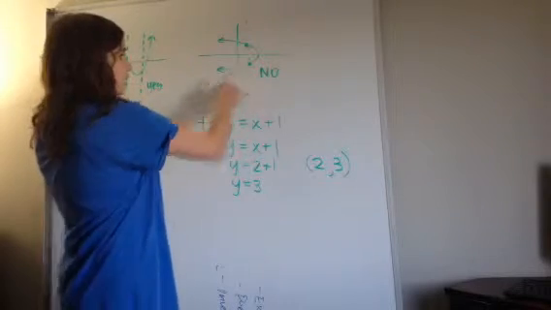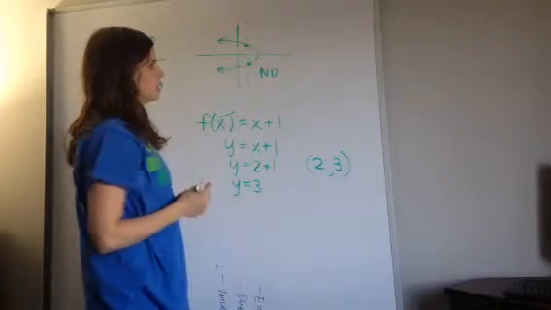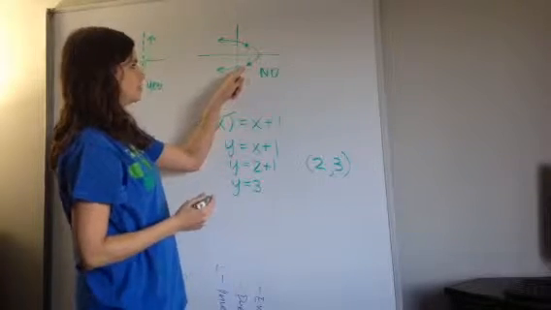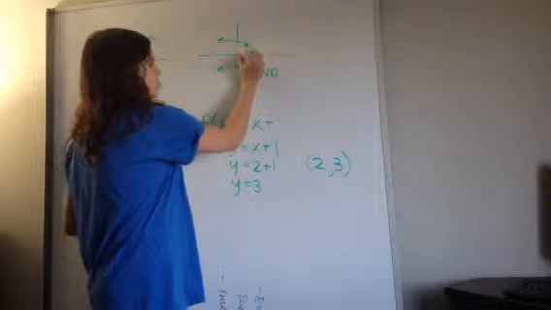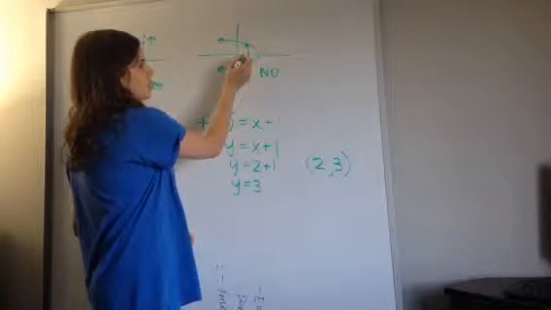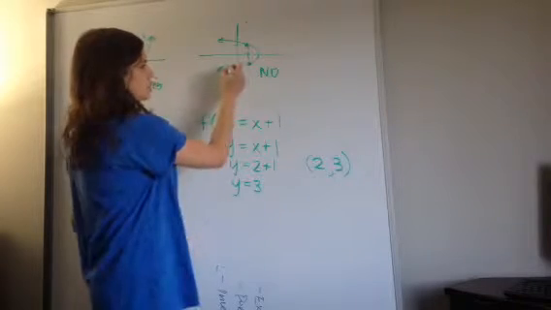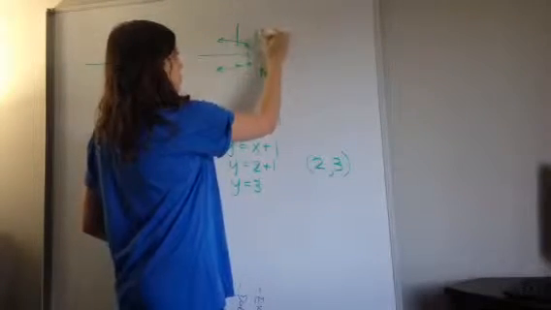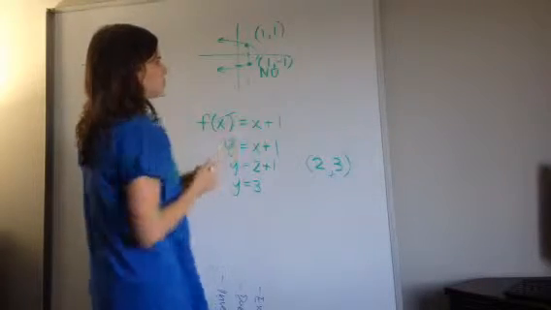Well, here it's saying that if I plug in 1, I'm going to get positive 1 and negative 1. So it's the point (1, 1) and (1, negative 1).